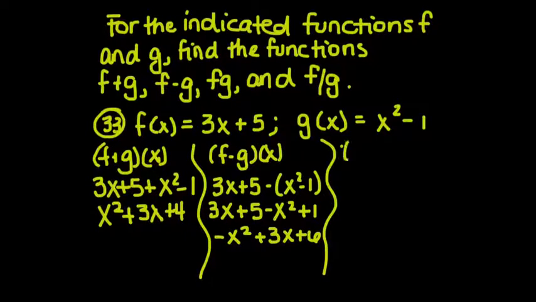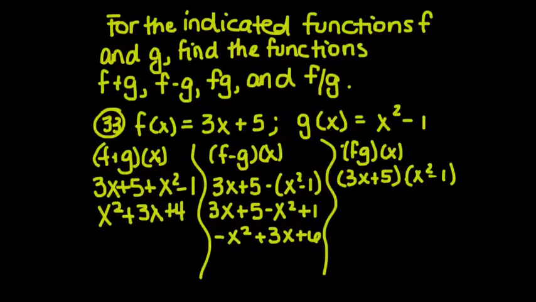For the product, f times g of x, this involves taking 3x plus 5 times x squared minus 1. I can think about this as repeated distribution of first the 3x and then the 5. 3x times x squared is 3x cubed. 3x times minus 1 is minus 3x.